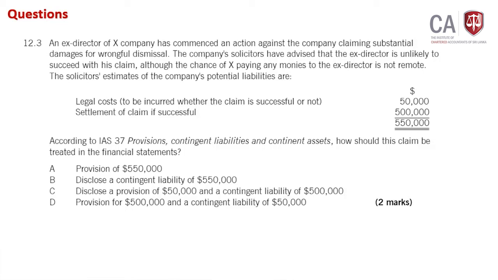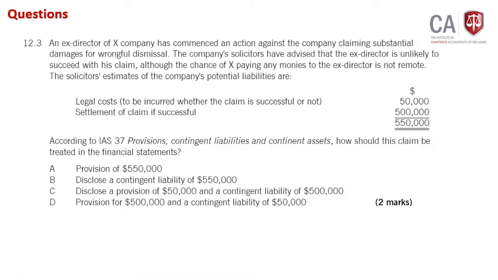First of all, you have to figure out whether a provision is required or not. Look at this sentence in the question. Although the chance of paying monies to the ex-director is not remote, right?